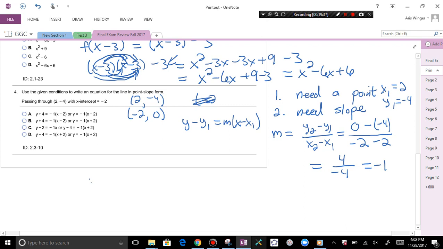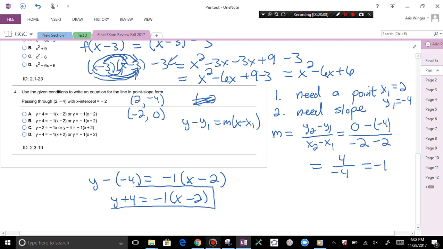And so we're ready to write the formula. y minus negative 4 equals the slope, negative 1, times x minus the x coordinate, which was 2. y plus 4 equals negative 1 times x minus 2. That's either A or B for me. You can then go ahead and solve on Monday. That is perfectly okay if you write that for me in my class.